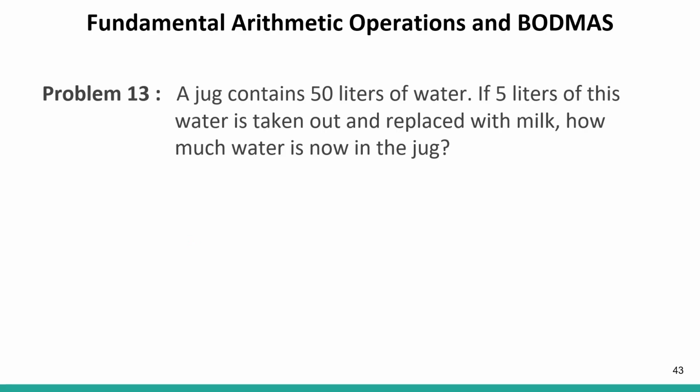A jug contains 50 liters of water. If 5 liters of water is taken out and replaced with milk, how much water is now in the jug? Okay, so there is a jug with 50 liters of water. 5 liters of water is taken out and replaced with milk.